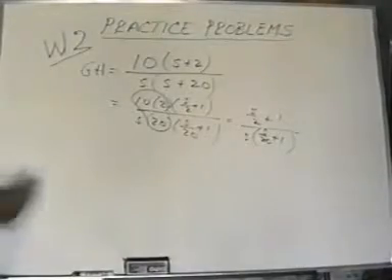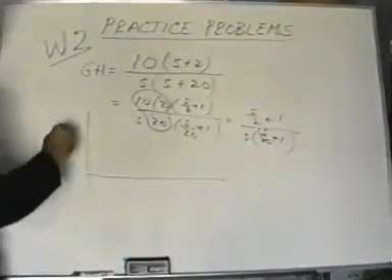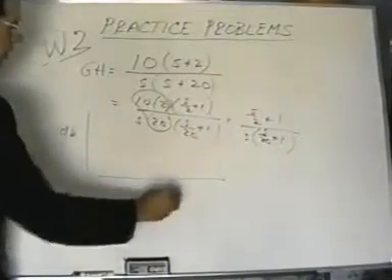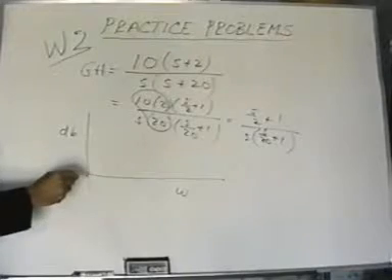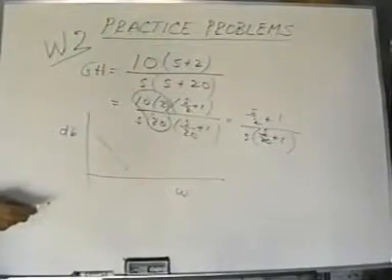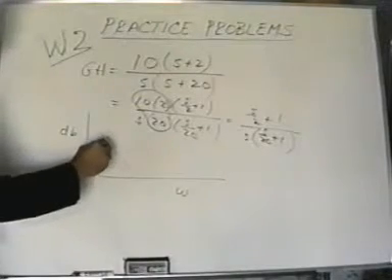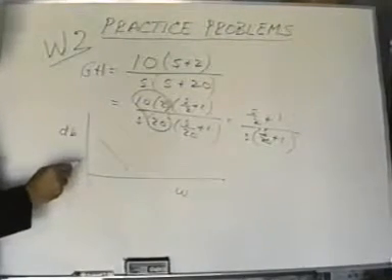And the type 1 system is characterized by the fact that it starts off, here's dB, there's omega. We'll have a line that has a slope of minus 20 dB per decade. So this is the way it's going to start. If I have the right slope, that's no problem. But I need a point to pass that slope through.